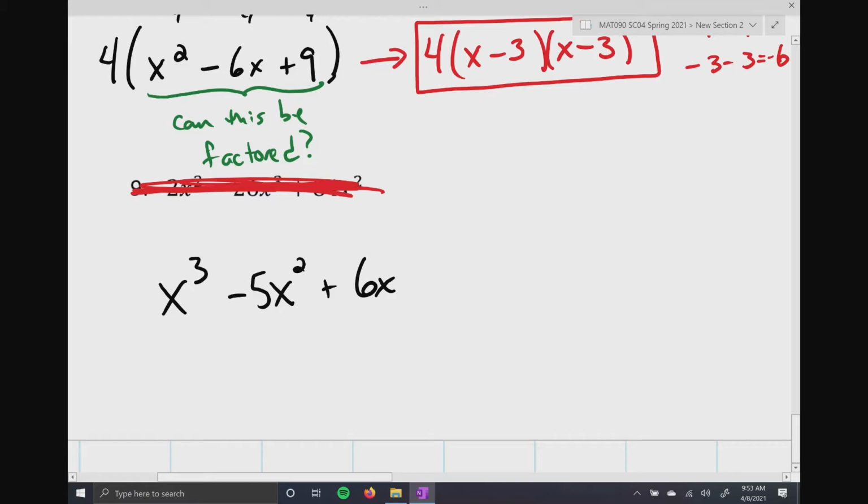How about x to the third minus 5x squared plus 6x? The way it looks right now, this doesn't even fit our mold. Remember, our mold is x to the second power. This is x to the third power. But is there a GCF?